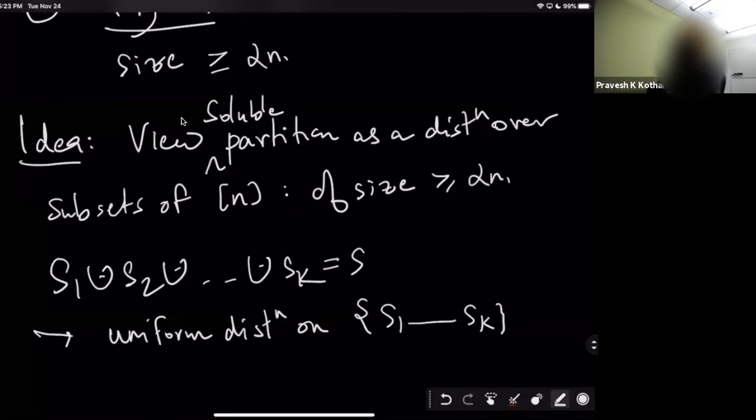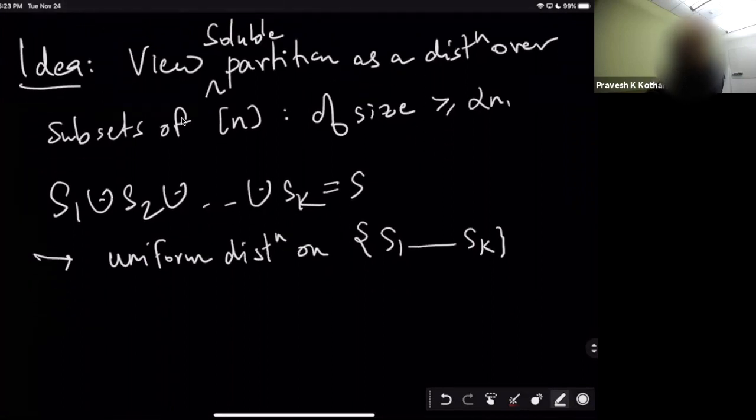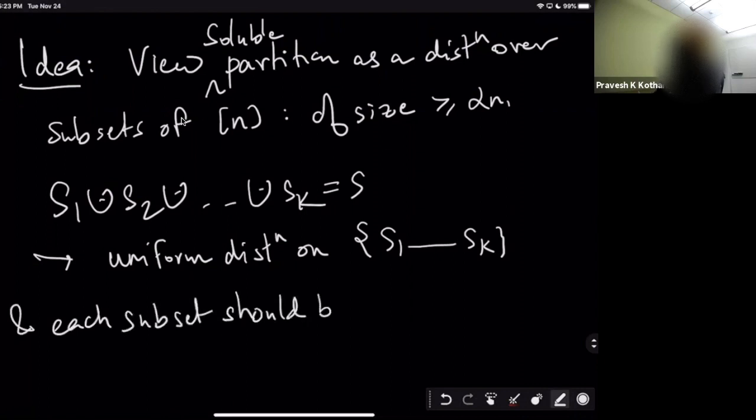You'll see in a second why I am doing this, but I'm just going to view a partition as simply giving me a distribution over subsets of all possible equations, such that each subset in the support of my distribution is of size at least alpha n, and each subset should be soluble, as in there should be some vector that correctly solves the linear equations in that subset.